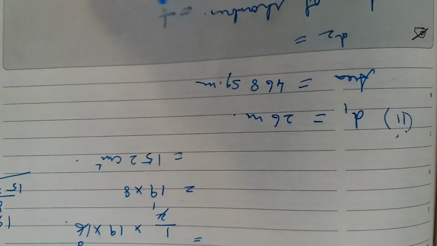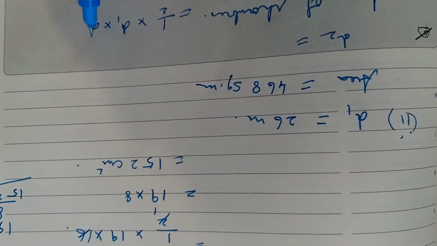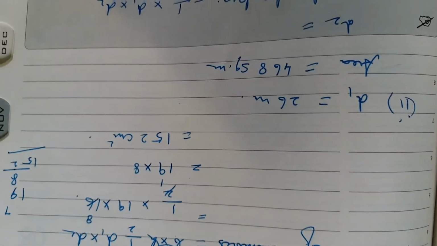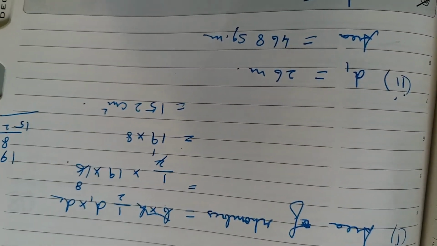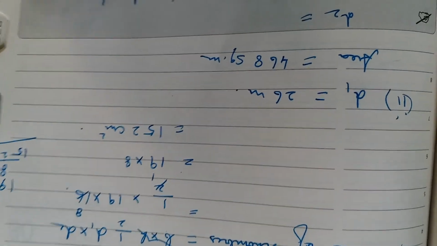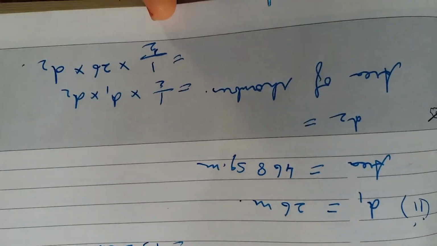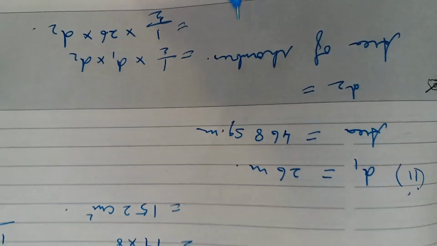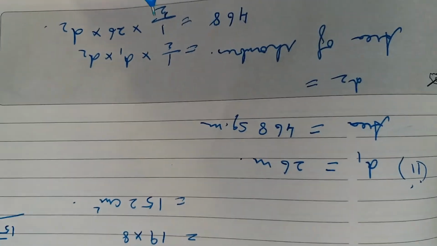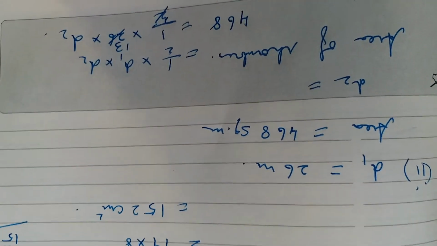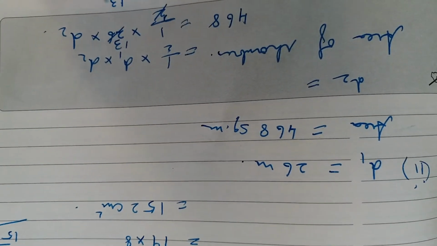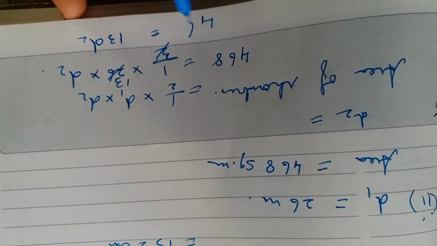Area of rhombus is equal to half into d1 into d2. So half into, you know d1 alone, 26 into d2, which you don't know. But you know the area, which is 468. So cancel with 13, so 13 d2 is equal to 468.